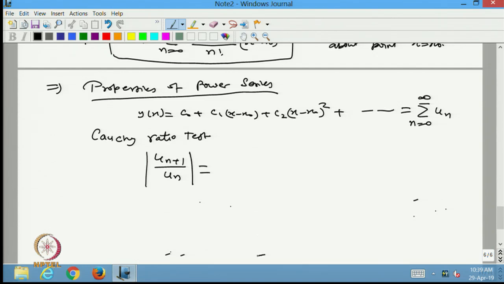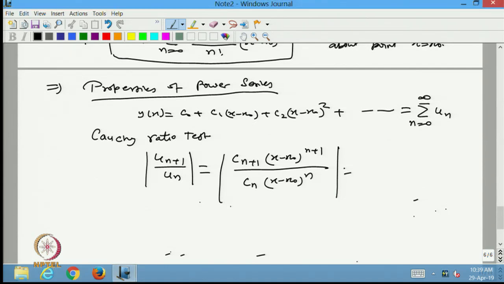So, from here I can write it will be C n plus 1 (x minus x naught) to the power n plus 1 divided by C n (x minus x naught) to the power n, the modulus value, because we know that the ratio test we can apply only for positive values. So, in this case I am taking the absolute value.